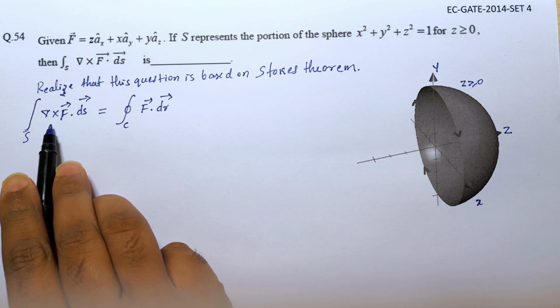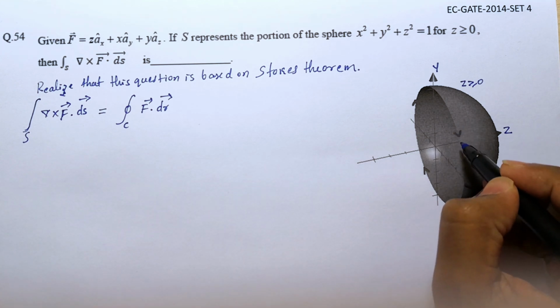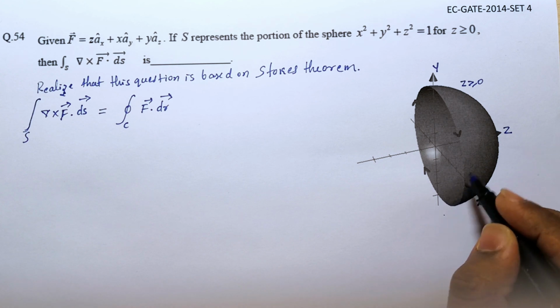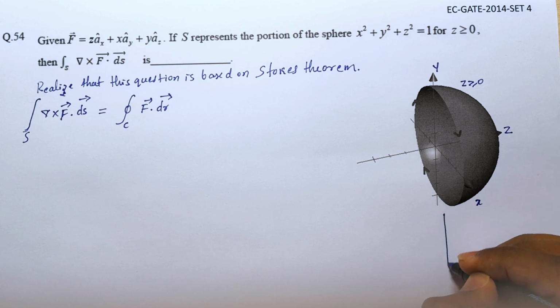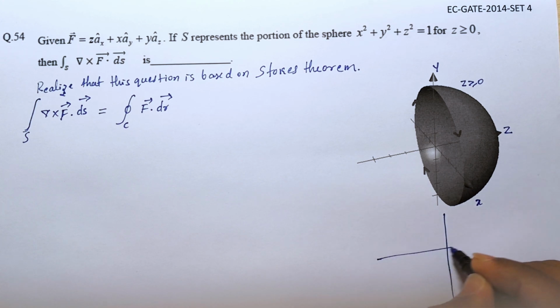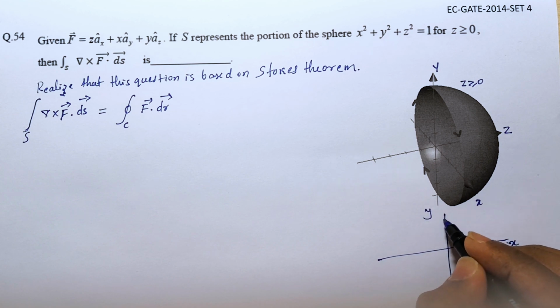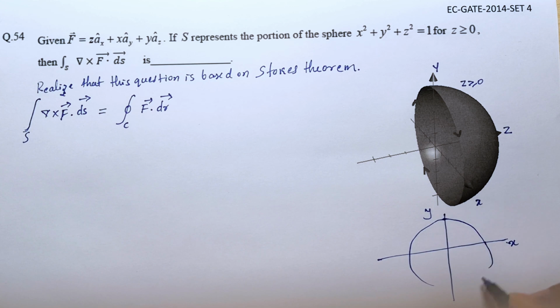So let's draw another schematic to see how the line integral will look. If we rotate it around this surface, what we have is x and y, and a circle over which we have to integrate.